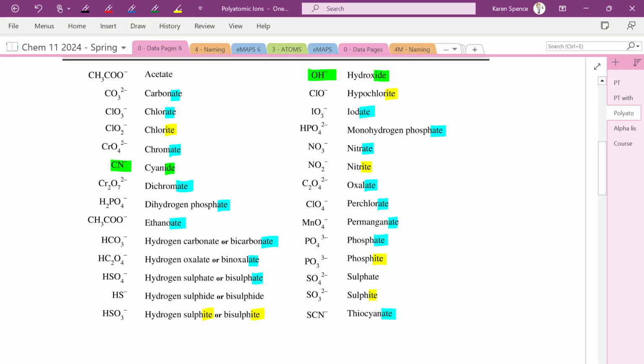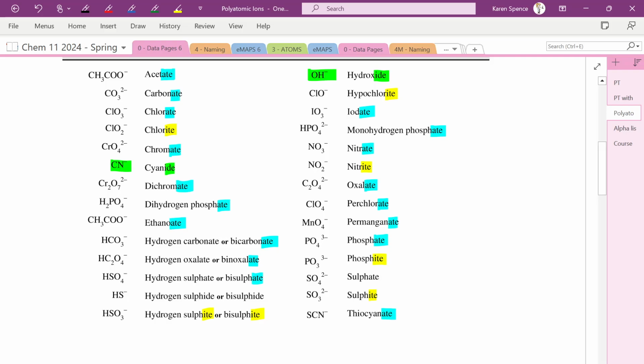So what do you notice about most of them? Most of them are ates. Most of the rest of them are ites. And then there are 2 ides. Okay? 2 ides only.